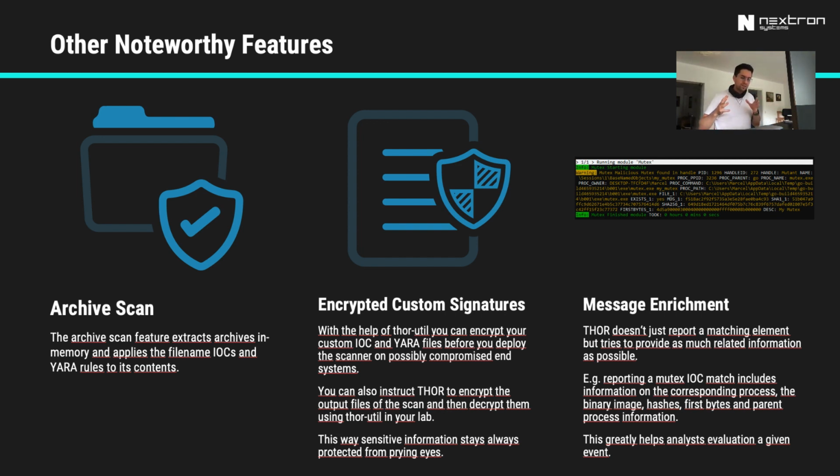So it really helps analysts later in the process to have all information available that we could evaluate on that end system at that moment during the scan. And they do not have to ask, please, dear administrator, could you give me the file so that I can calculate a hash on it and check it on VirusTotal? All this information would already be available at the moment of analysis.